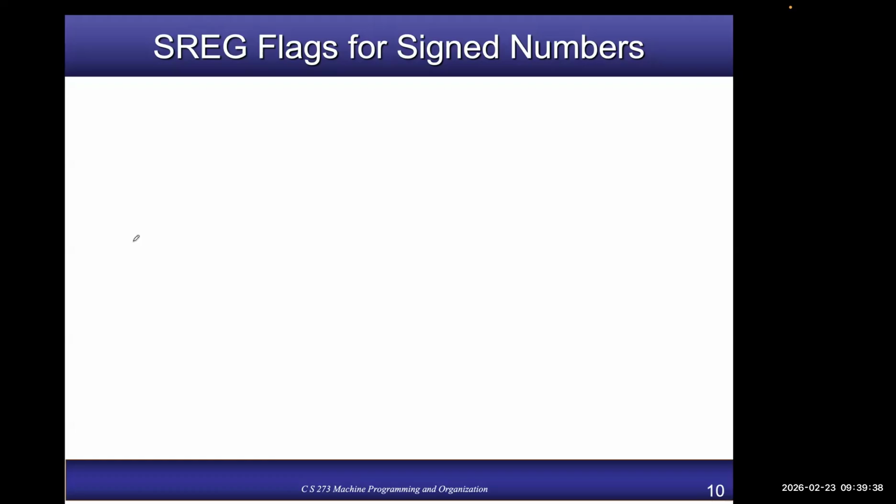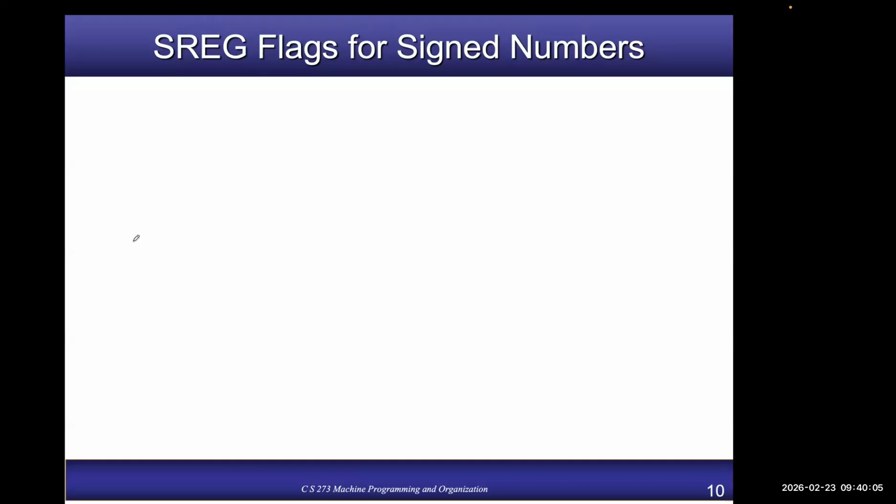So you cannot rely on the carry flag when you are comparing signed numbers, and as a result, we cannot use branch if same or higher, branch if low, branch if carry is set, or branch if carry is cleared, because they test the value of the C flag. As long as you are comparing unsigned numbers, fine, you can use them. But when you are comparing signed numbers, you cannot use them.